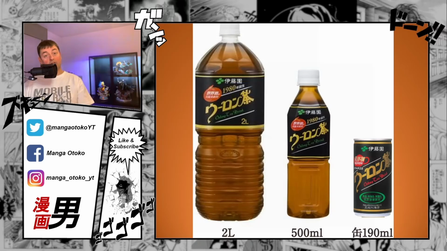Here on the screen you see a couple of examples going from large to small bottles and sold in cans as well. You can see the same characters, a little bit more stylish here, Ulong, followed by the character cha. The last character is cha, meaning tea. So it's Oolong tea.